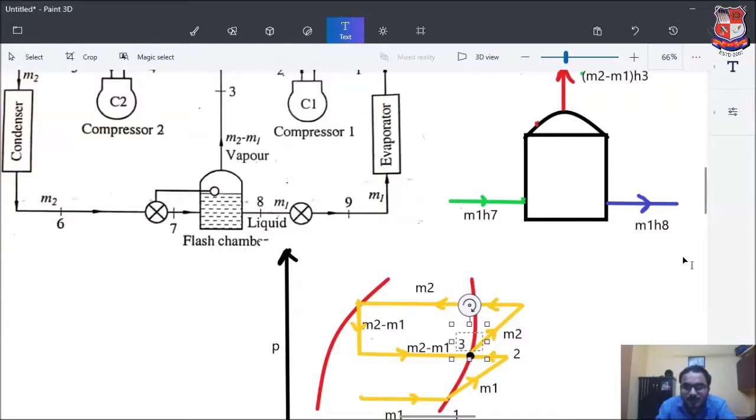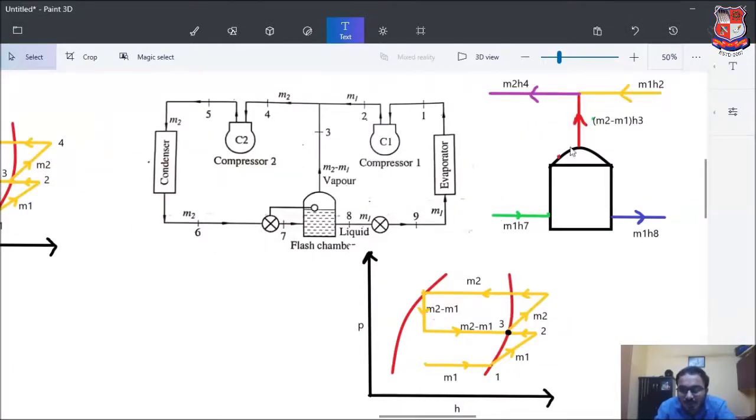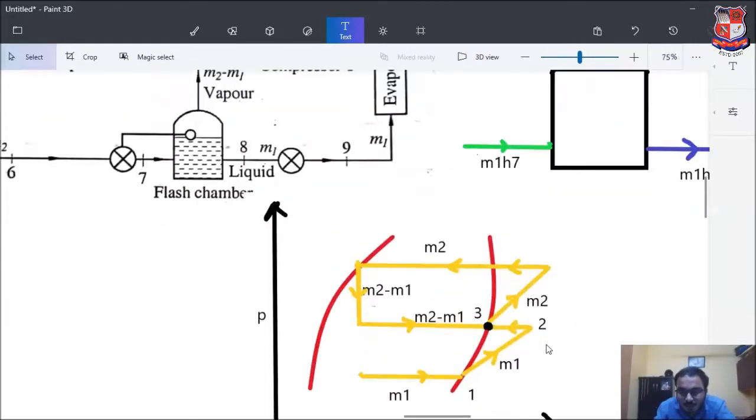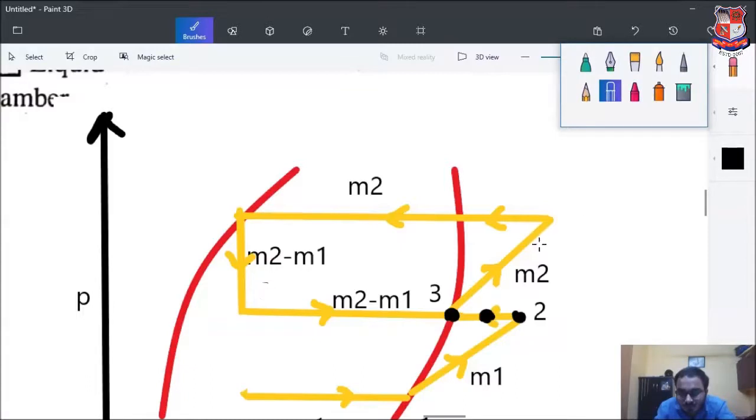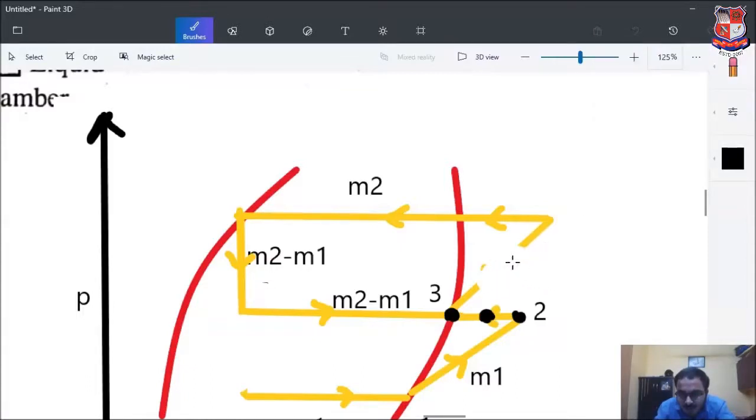Okay, and if you see carefully, point number 2 and point number 3 are meeting and converting into point number 4, or condition number 4. So 2 is going from right to left, 3 is coming from left to right. So the final condition that we will observe will be point number 4. I suggest you pay your attention here because this might confuse you. So here again I need to erase this portion, as this is no longer our secondary compression process.